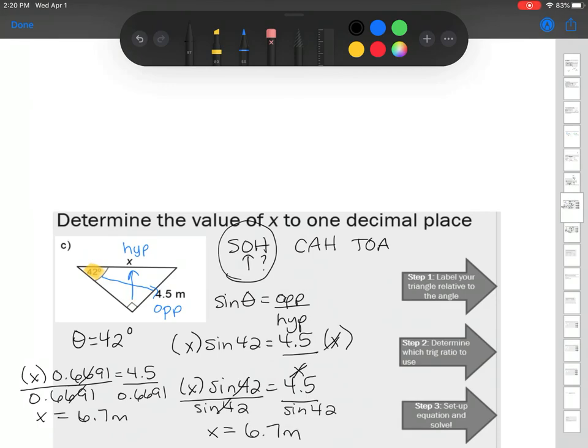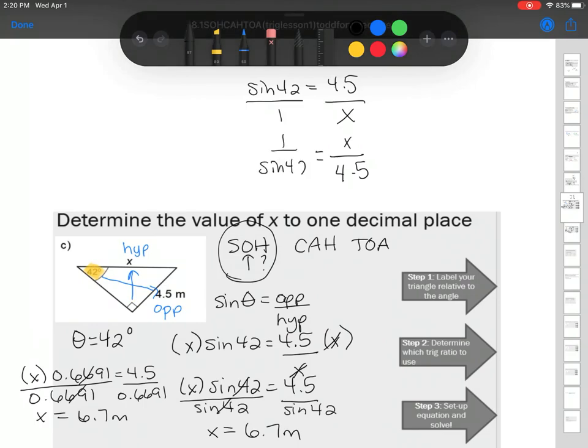Okay, so another possibility for this, if you go back to this step here, is you can flip the fraction. So every number is over 1. If you want to flip this side, then you can certainly flip this side as well and solve for x that way.